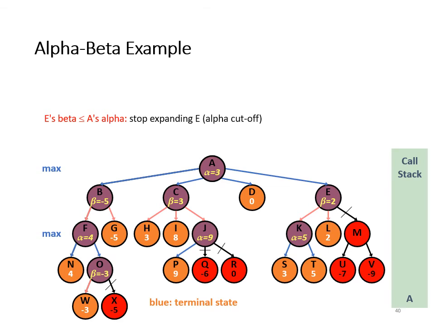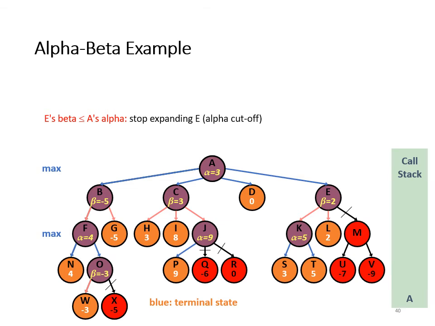Now according to the rule, beta is less than or equal to the parent's alpha. So stop expanding, and the computer shouldn't take this route. So this is the alpha cutoff. So we have to prune from here. This is again pruning. This is called alpha cut.